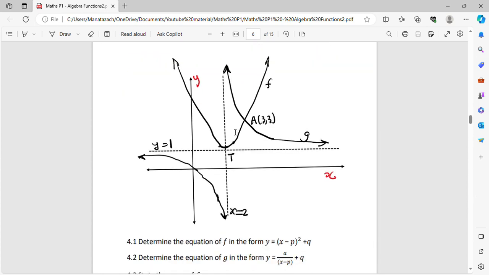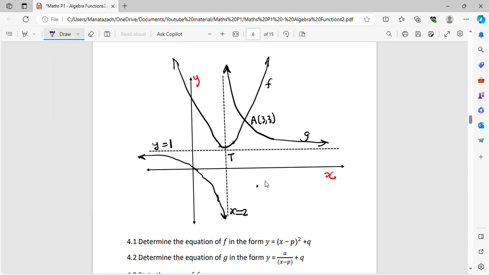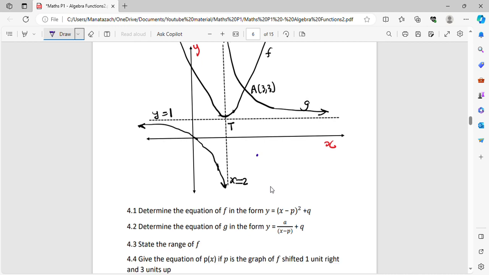Okay, so the first question says, determine the equation of f in the form of y is equal to this general function. So let's start with that. Basically, we have the turning point there, x is 2 and y is 1.